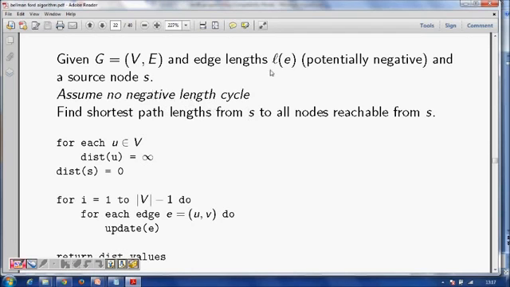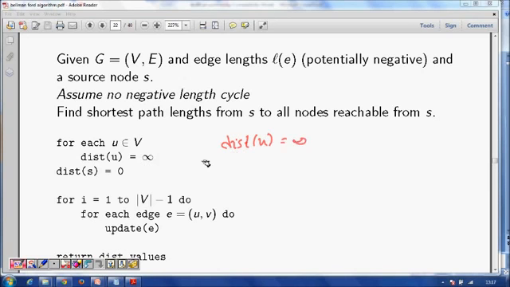So we are given a graph with vertices and edges and edge lengths L of E, and they can be negative also. Initially, for all the nodes in that graph, we set distance of u equal to infinity, except the source S, where distance of S is 0.